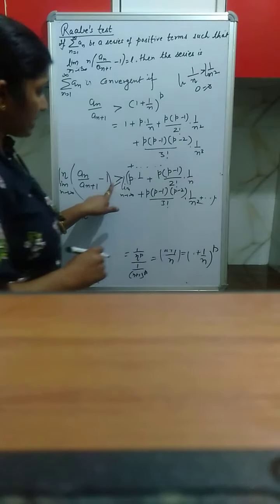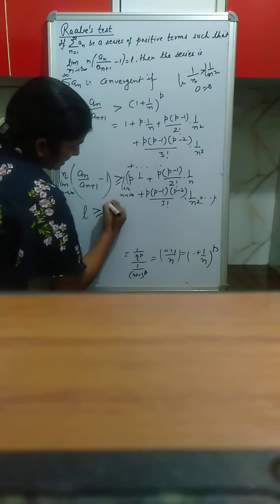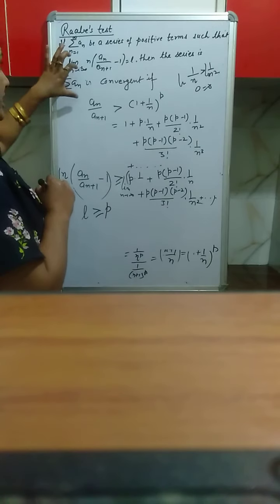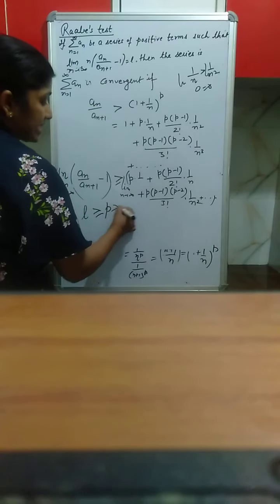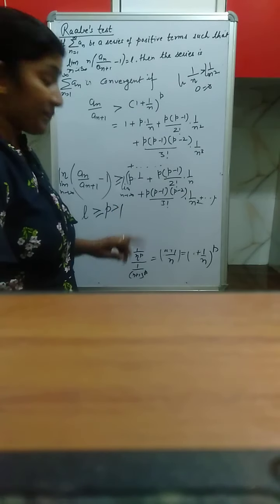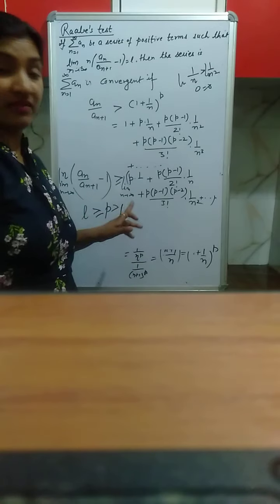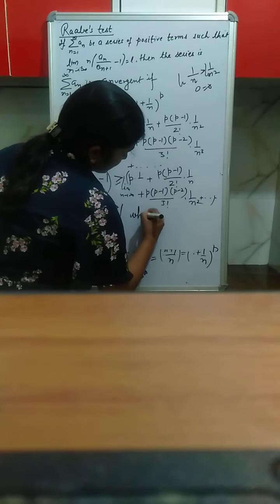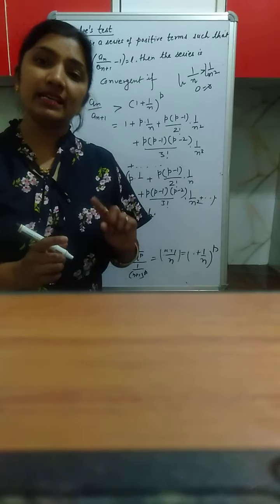So the limit may be equal. Okay, so here it is L is greater than or equal to P. So summation u_n is convergent if L is greater than or equal to P and which is greater than 1. Okay, which is true, because we have taken the case when L is greater than P greater than 1, and therefore summation u_n is convergent in that case in which L is greater than 1.